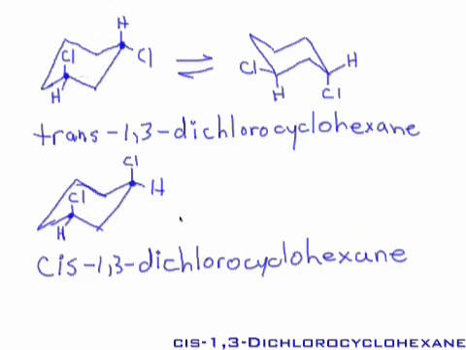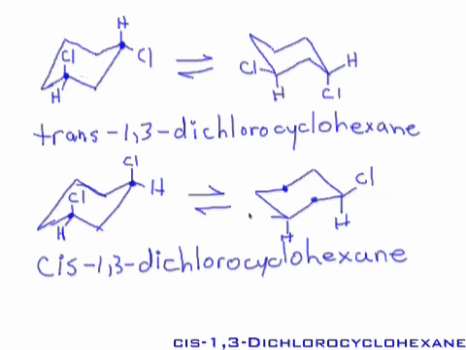Okay, so now we want to draw the ring flip structure and see if we get a more or less stable conformation. So the center two parallel lines I tilt the other way. Okay, and so the Cl that was up becomes equatorial. The H is down.